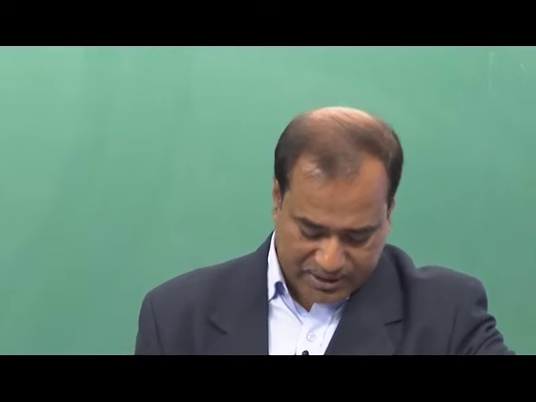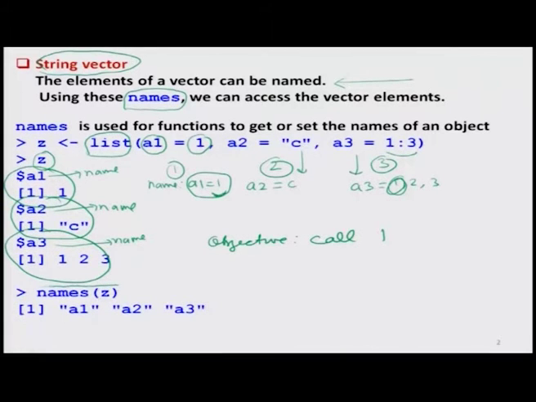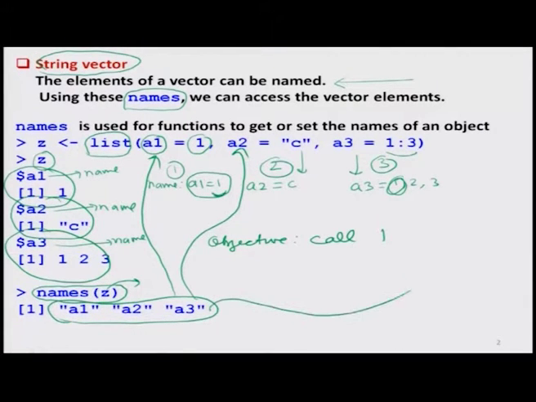Then I can use here a command names, and inside the bracket I will try to write down the variable name, which can be anything. Here in our case this is Z. And we get an output like this one, A1, A2 and A3, and these are the same names which we have given here.